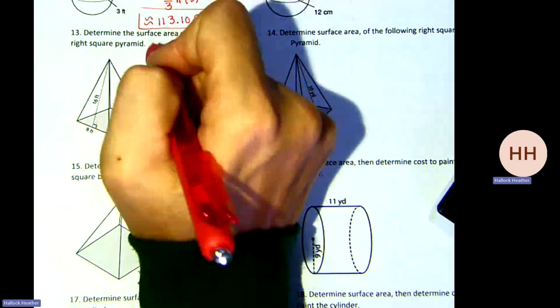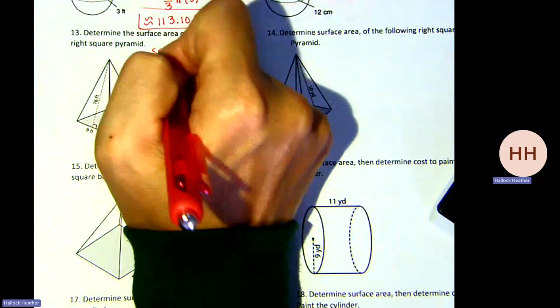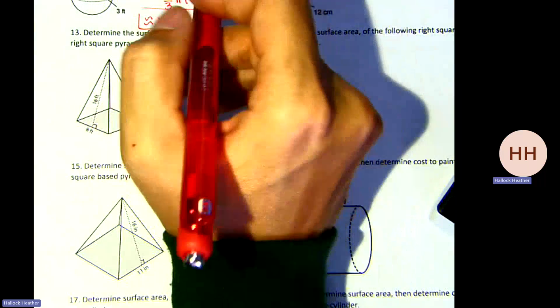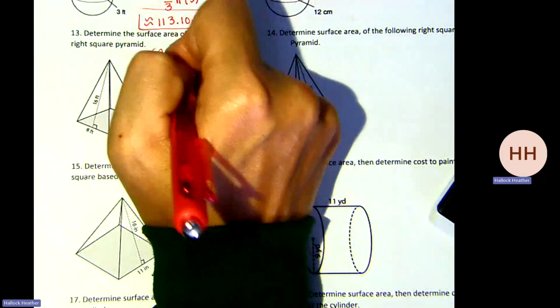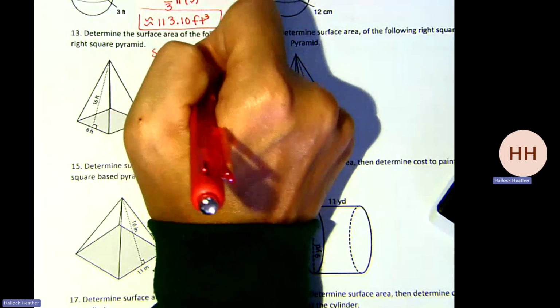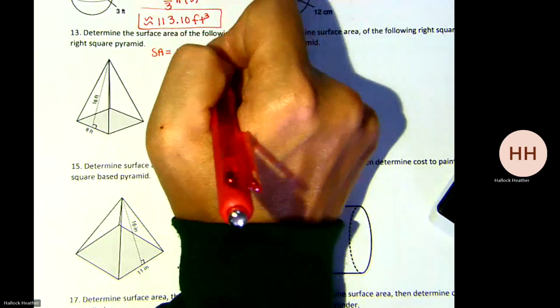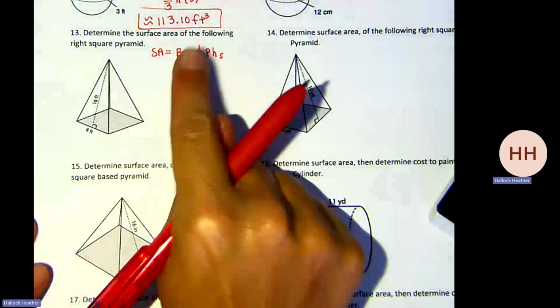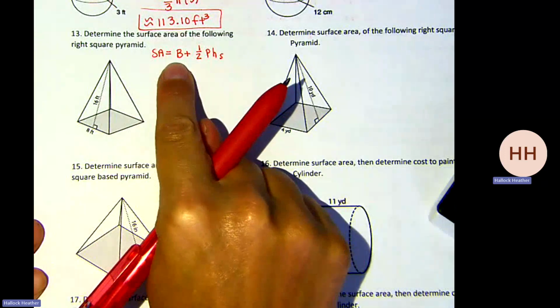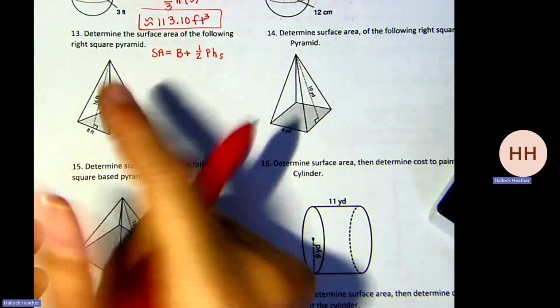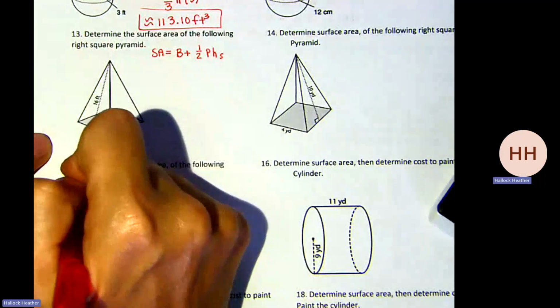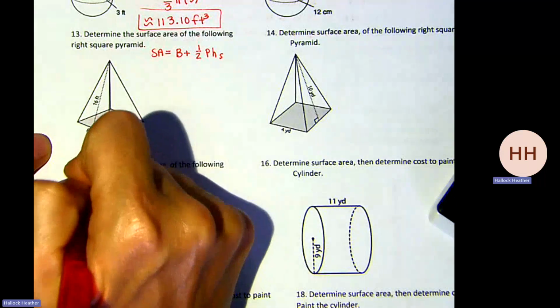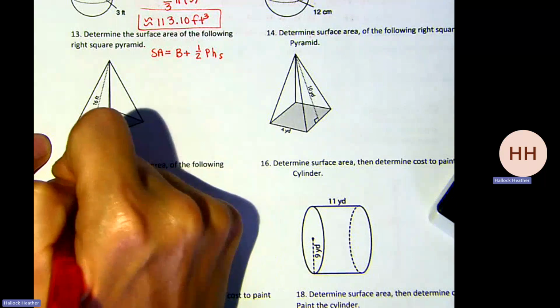So I'm going to write down the formula first. Surface area means the area around the outside. I'm going to do big B plus 1/2 P HS. Okay, so big B is the area of the base. The base is a square, which is 8 on each side.